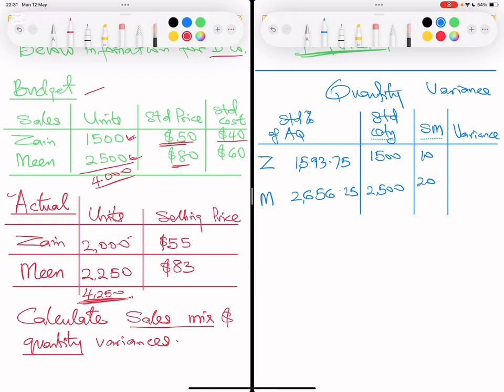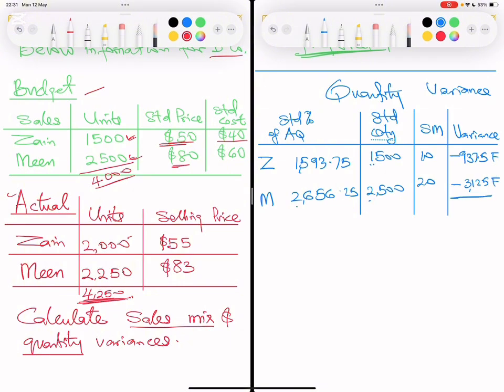For Z, we have 937.5. And because standard is 1.5, but our actual proportion is more, this is favorable. And for mean it is similar, 3125. And this one too is more than the standard, so this is also favorable.